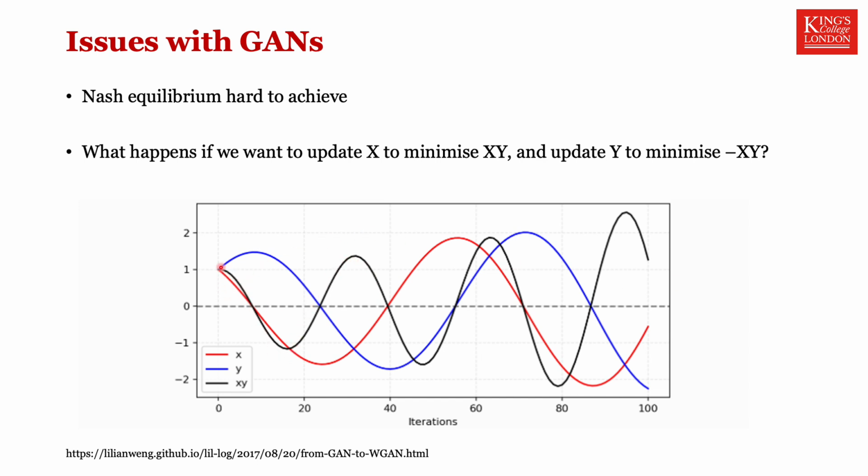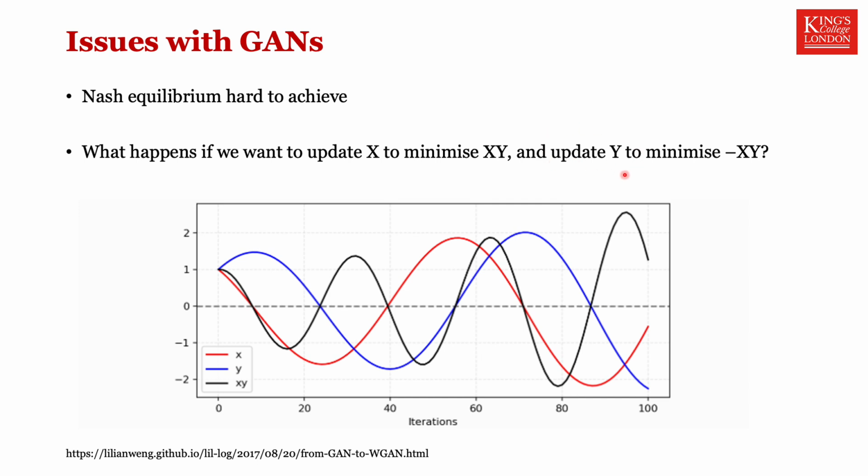At this point, xy has this value here. If you want to update x, which is the one in red, to make sure that xy is minimized, x starts to go down. And by x going down, xy is also going to start going down. So xy follows x because you're multiplying x and y.